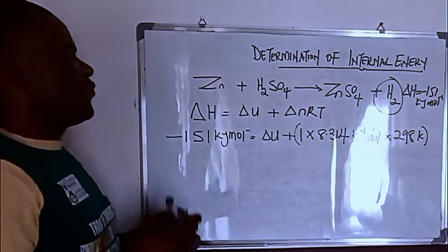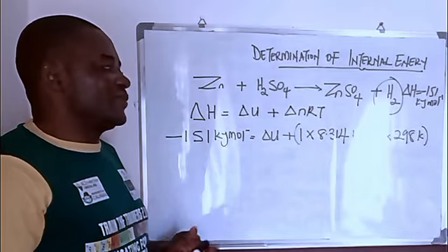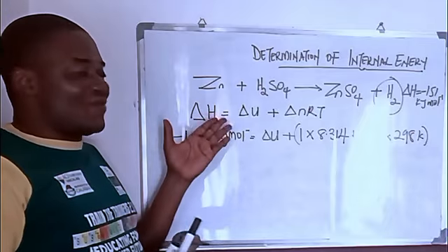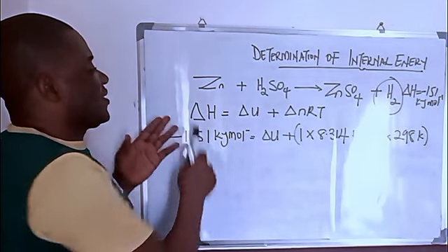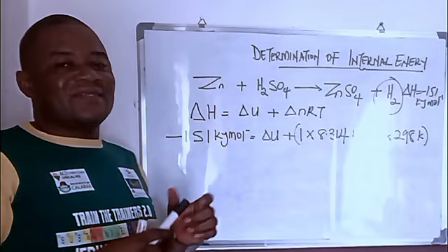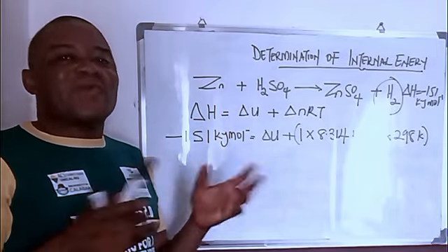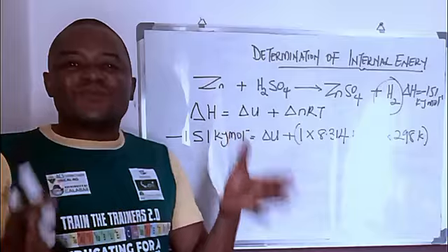Now this is how we will get those values to substitute in this equation, which serves as the relationship between enthalpy and the internal energy, for us to be able to solve the internal energy problem.